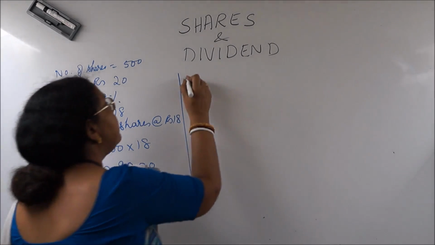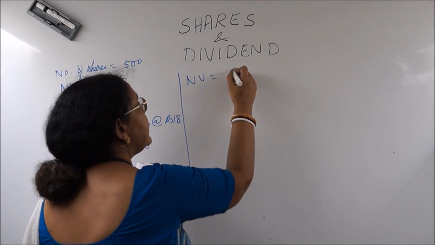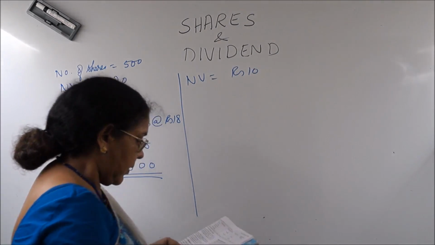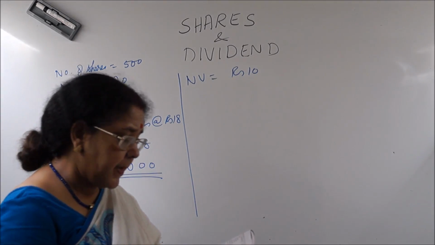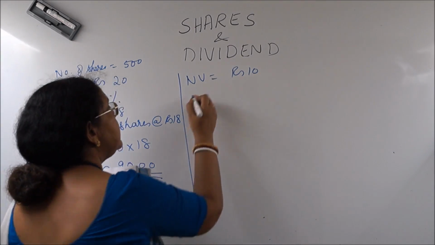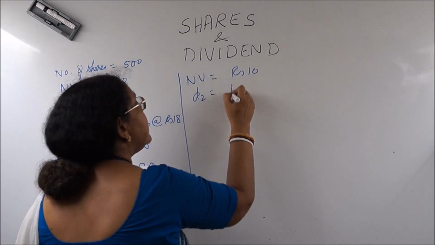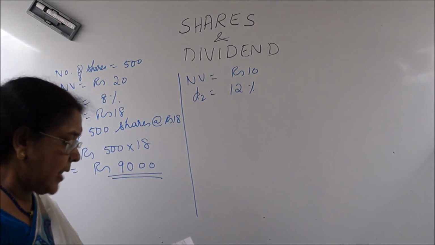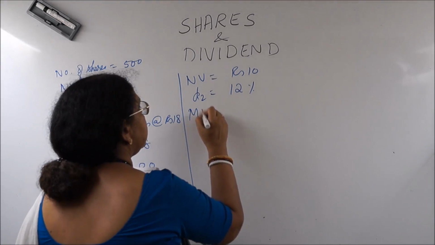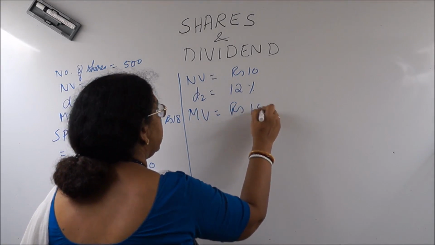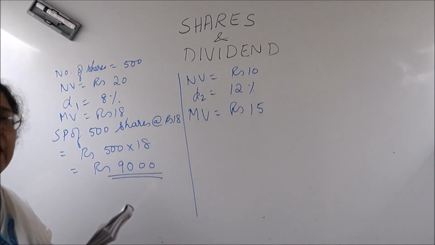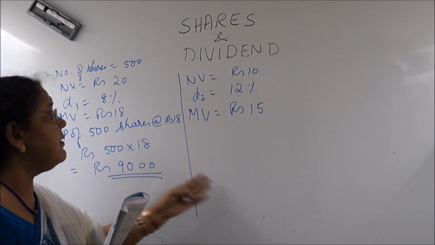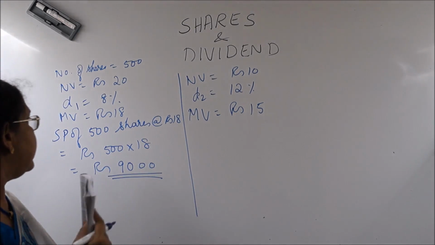So that means the nominal value of this second company is rupees 10. Paying 12%, so D2 let us call is 12%, at rupees 15, so that means market value is rupees 15. First we have to calculate the number of shares that he buys in the second company, and then we will find out what his annual income is.